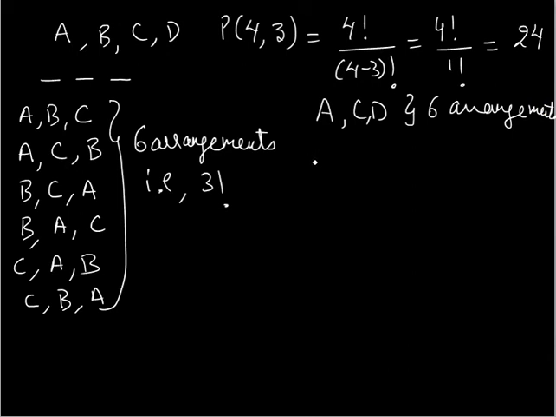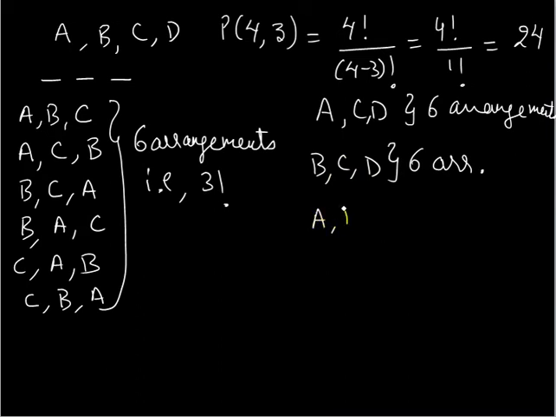We can have B, C, D. They will lead to 6 arrangements again. What else can we have? ABC we have included, ACD we have included, BCD. We can also have ABD. Even these can be made to sit in 6 different arrangements.